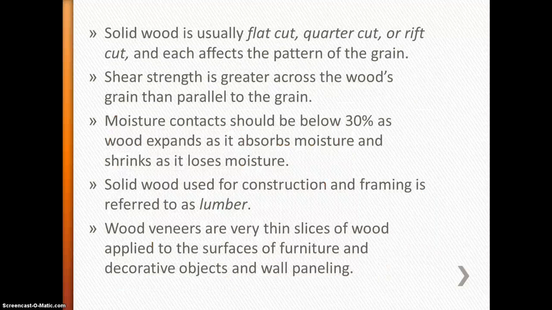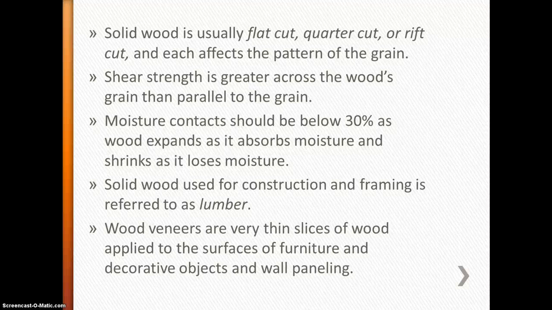So solid wood is usually cut flat, quarter, or rift. How it was cut determines how the pattern or the grain looks when we're finished. We want moisture content in wood to be about 30% or below, because to make the tree grow, you water it. And just like any other living plant, that water and moisture stays within the trunk and in the limbs of the tree.